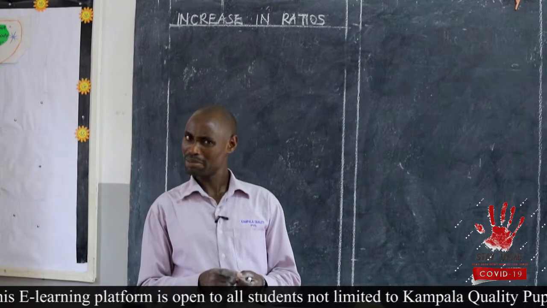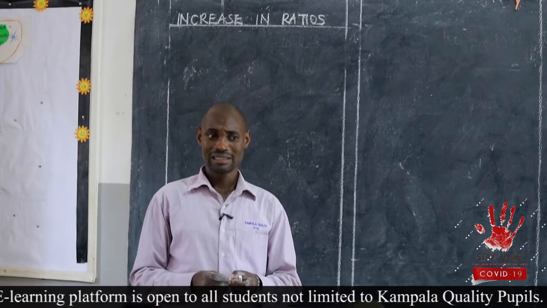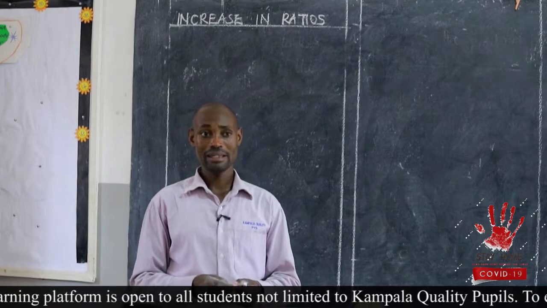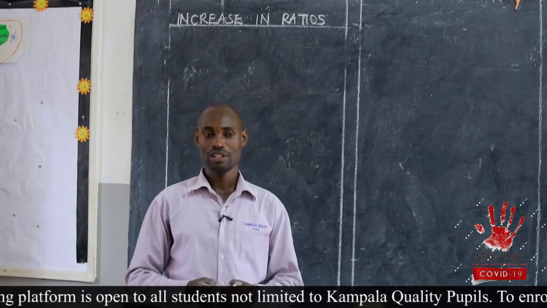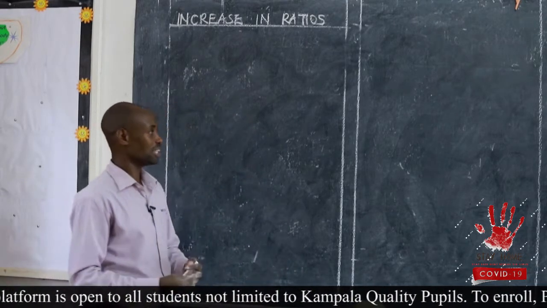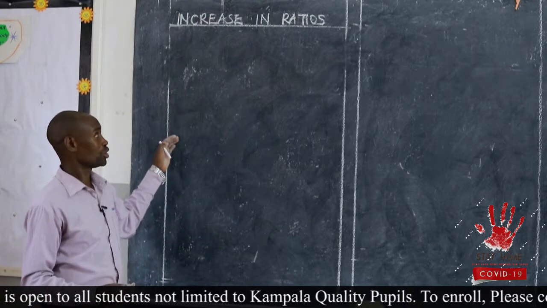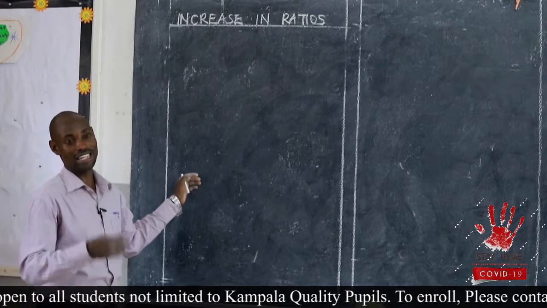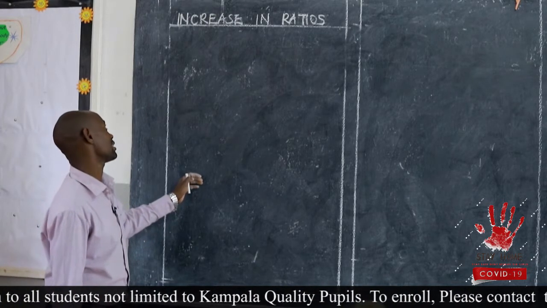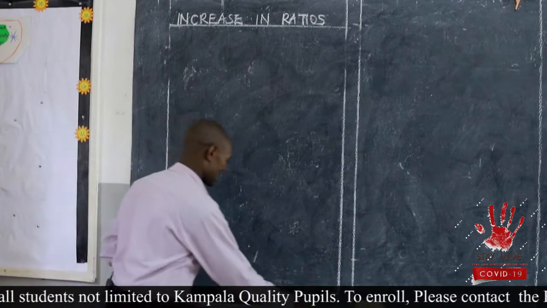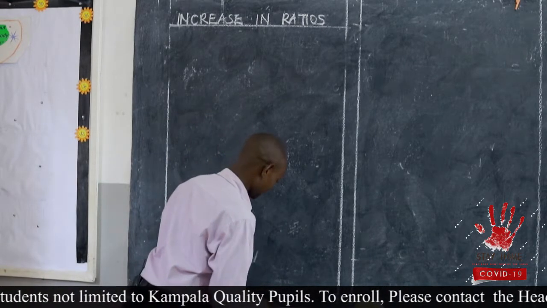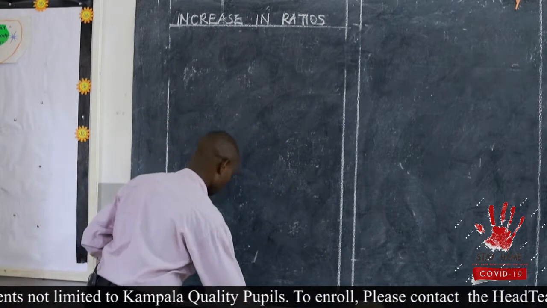That the number became bigger or less? If I say the number increased, it means the number became bigger, the number grew. If we were 1,000, it means we are now more than 1,000. So we are going to look at how we can increase quantities using ratios.